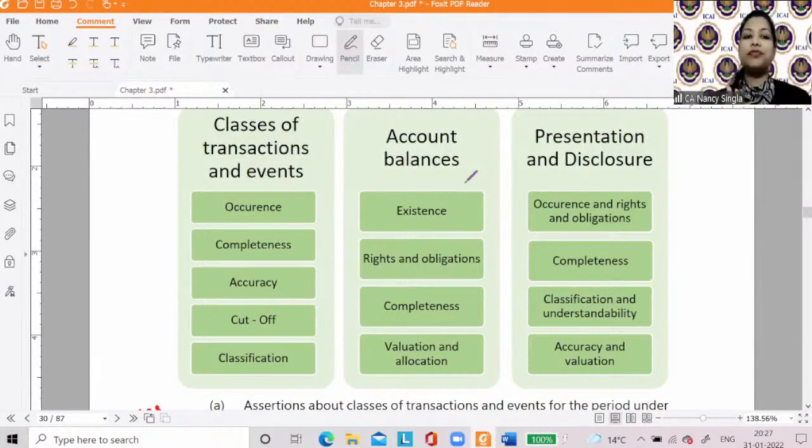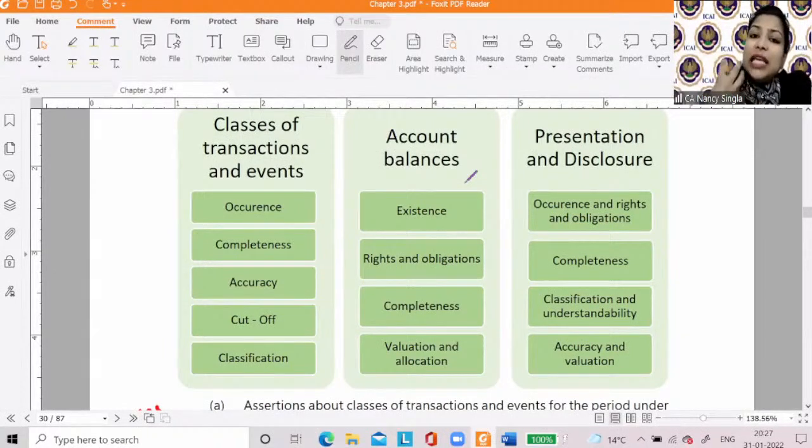So classes of transactions and events, the transactions that have taken place during the year, purchase, sales, inflow, outflow of cash, whatever transaction is there, we are going to check the occurrence, the completeness, the accuracy, cutoff and classification. Account balances, that is the balances that are appearing when the management is representing that a building of rupees 1 crore is there.